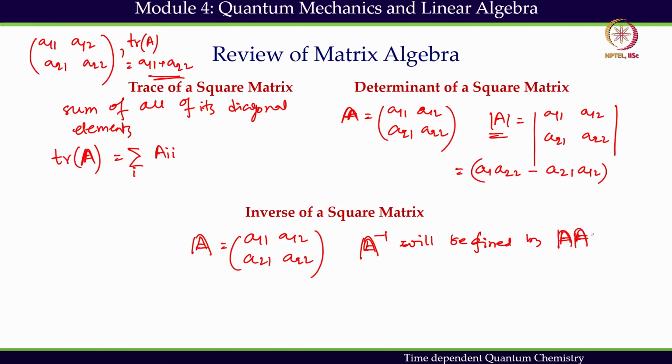If I matrix multiply A with A inverse, that will give me an identity matrix. What is an identity matrix? Identity matrix is nothing but the diagonal elements are 1. That is the way the inverse of the matrix will be defined.